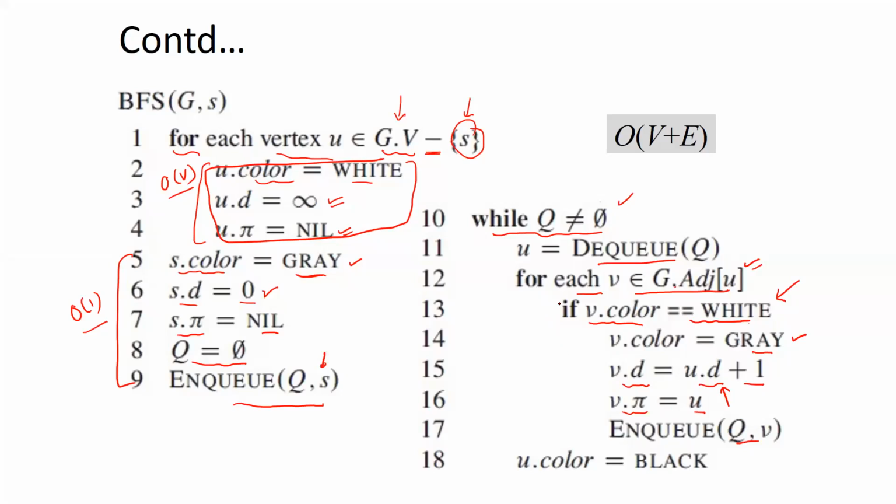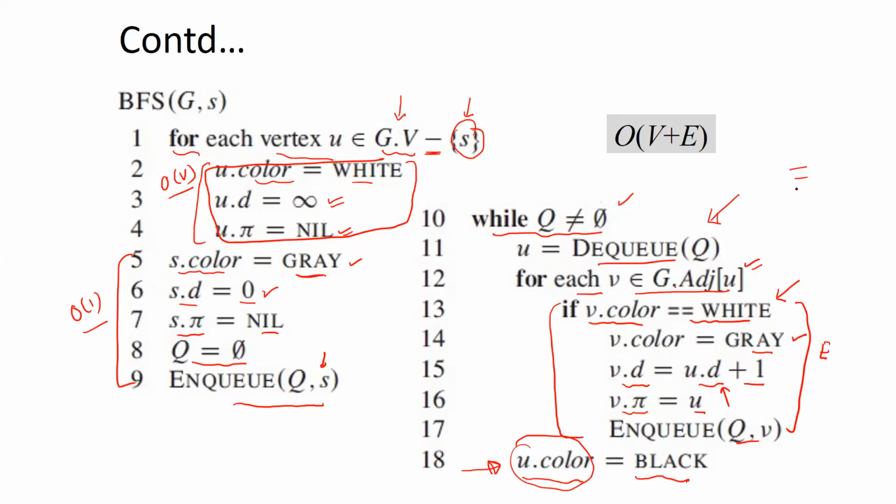You explore all these nodes for a given vertex. That depends upon the number of edges associated with that vertex. Once you explore all the edges, all the adjacent vertices, set the final color of that node as black. In this whole procedure, every time exactly one element will enter into the queue.